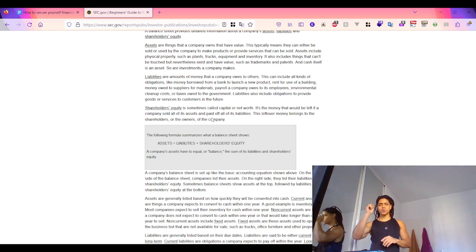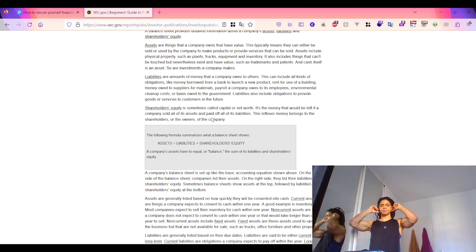It generally lists all the assets based on how quickly they can be converted into cash. So you have current assets such as inventory, which are short-term assets that a company expects to convert into cash within a year.